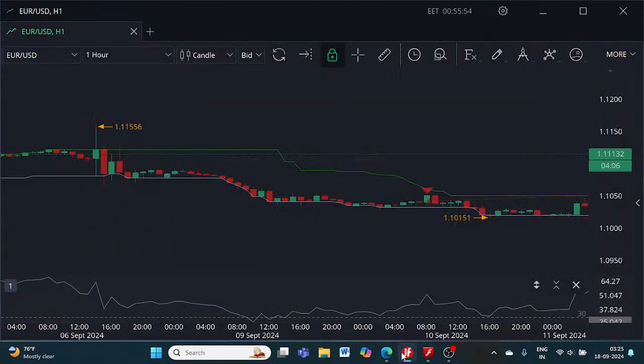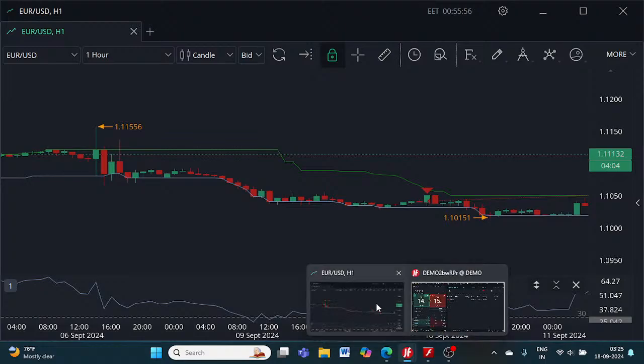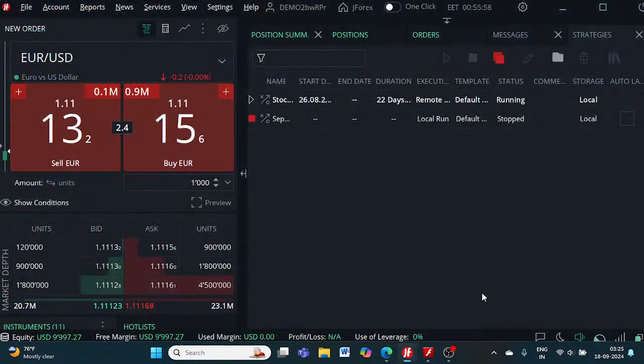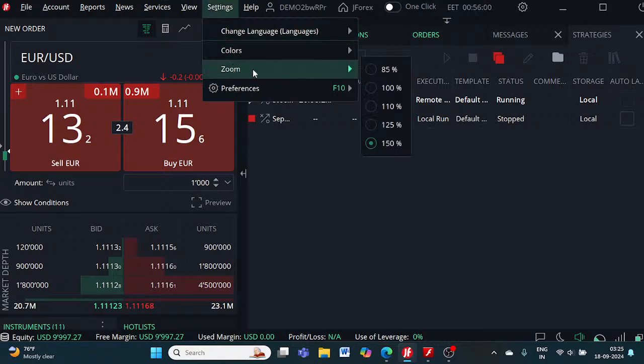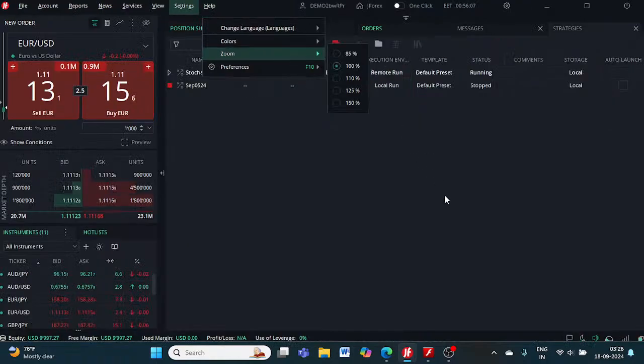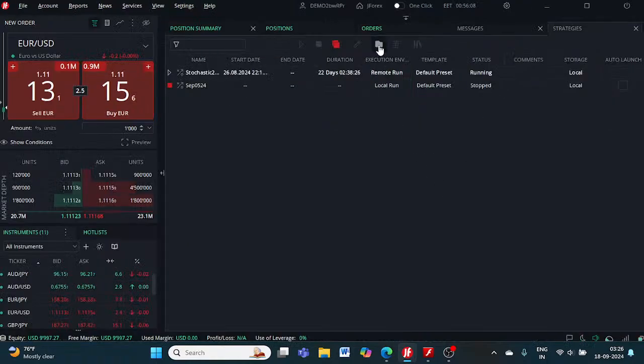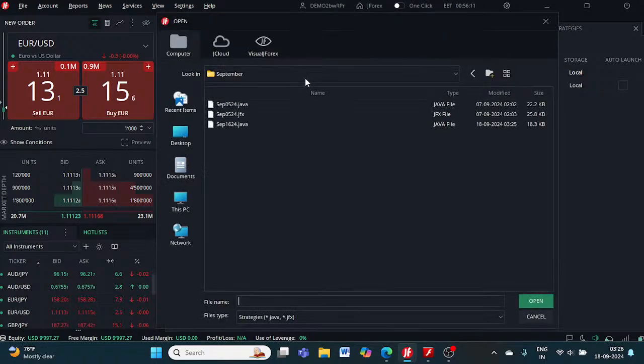Now I'm going to go to JForex platform where we need to import this file. So I have now changed the zoom to 100% only. There is one strategy running on the account to see how it goes.